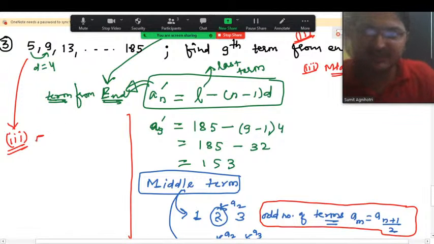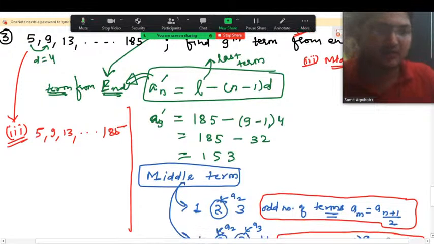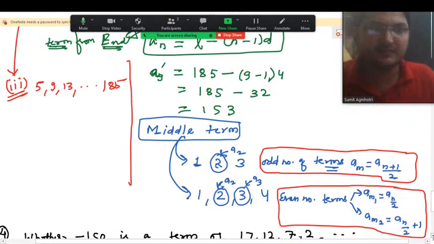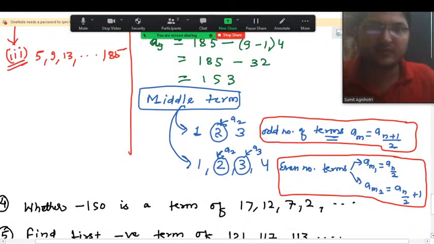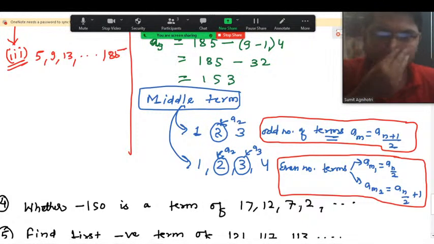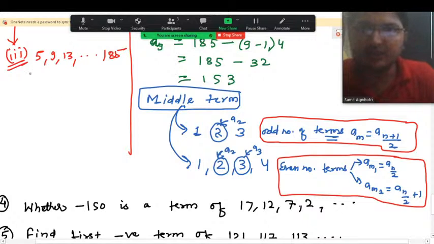Tell me how many terms are here in this sequence. If I write a sequence like this, 5, 9, 13, and I tell you that it goes up to 185, can you tell me how many numbers are here? No. How will you figure out how many terms are here? You just consider this to be your first term.